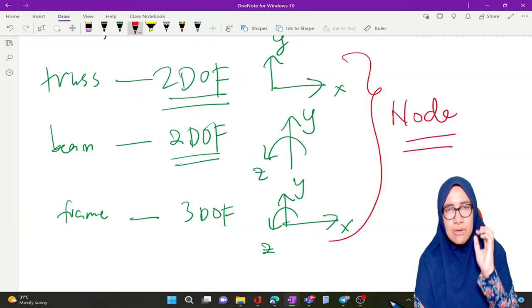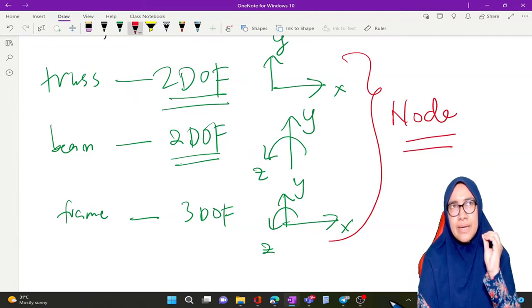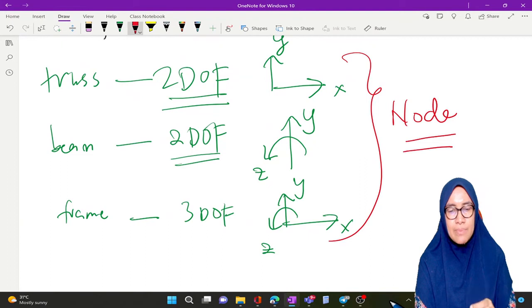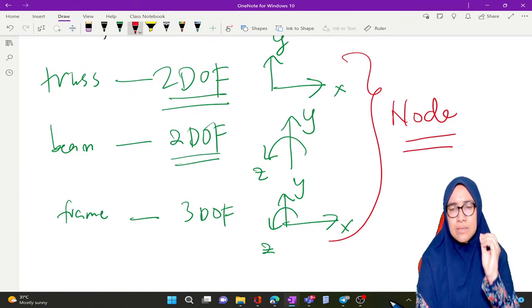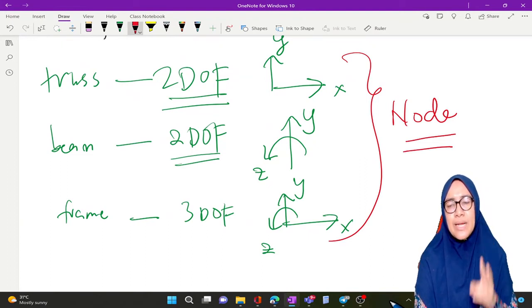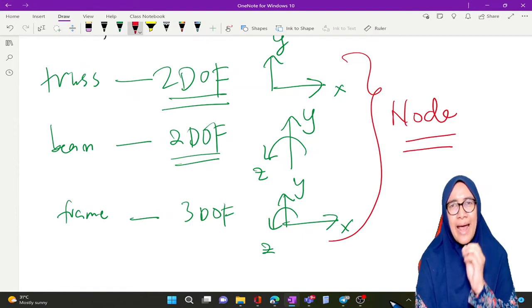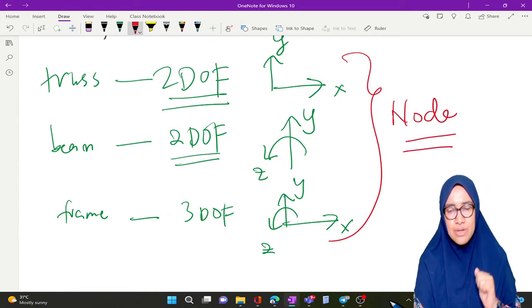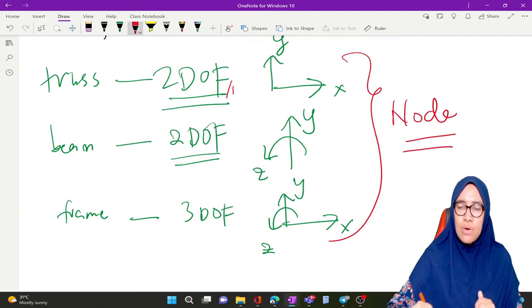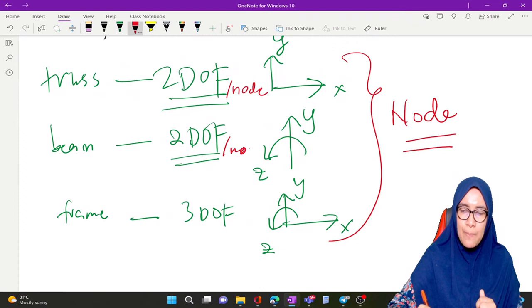What I can conclude is about the degrees of freedom in truss. In truss, there are 2 degrees of freedom per node, in X and in Y direction. I forgot to put node here, so all of this we apply to nodes.